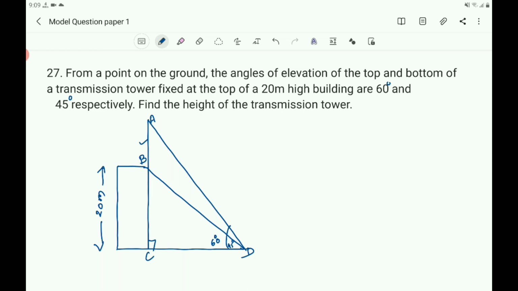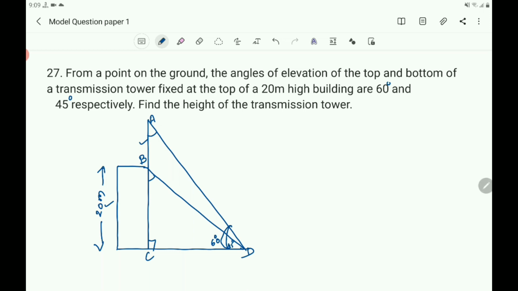It is fixed on the top of a building of height 20 meter, and the angle of elevation of the top of the tower is 60 degree, and the bottom of the tower is 45 degree. What I have to find out? We have to find the height of the transmission tower.